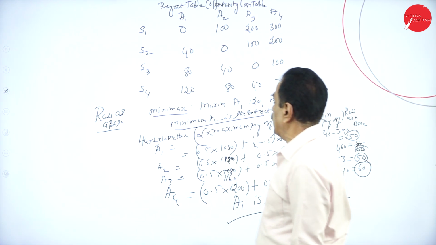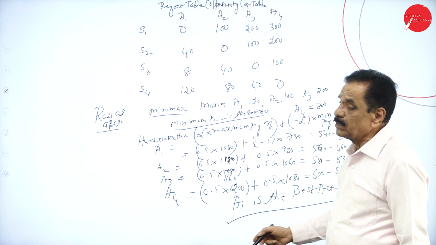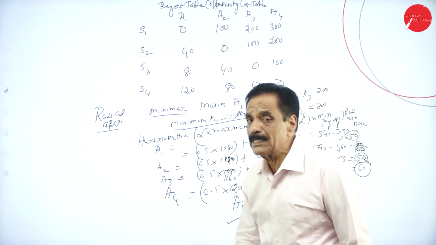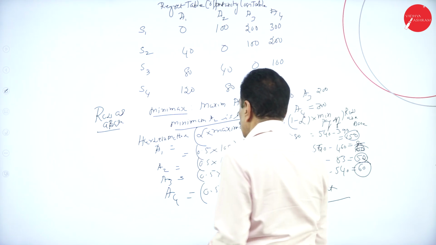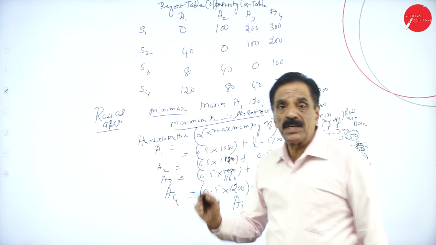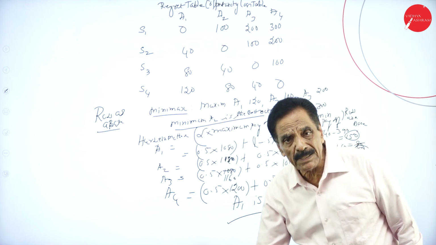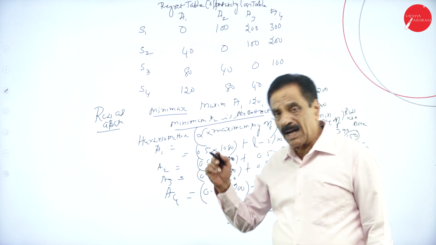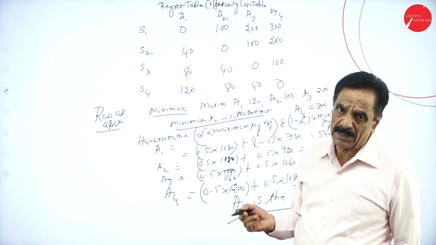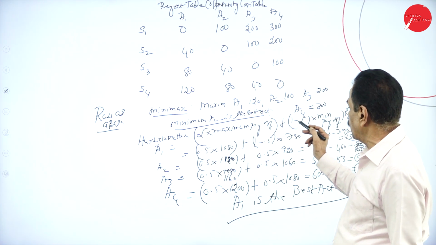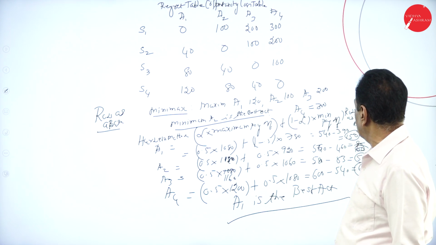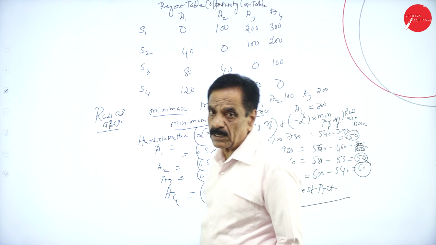Taking row as a base. Some authors will take column as a base, but I took row as a base. So you must remember this. Formula: alpha into maximum payoff plus 1 minus alpha into minimum payoff, taking row as a base.